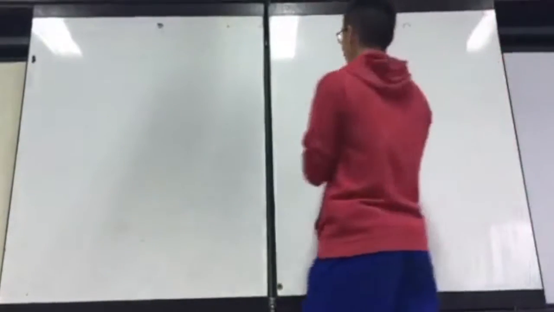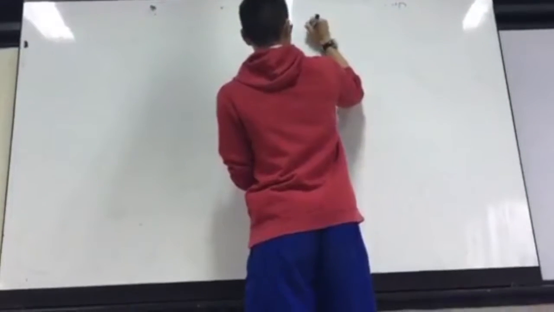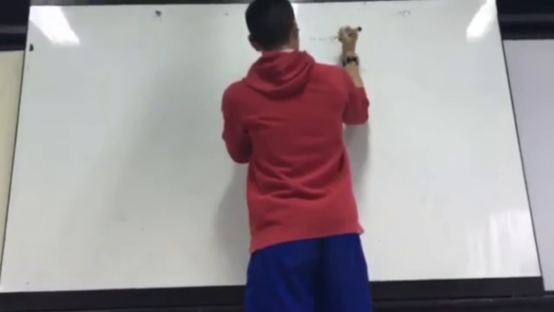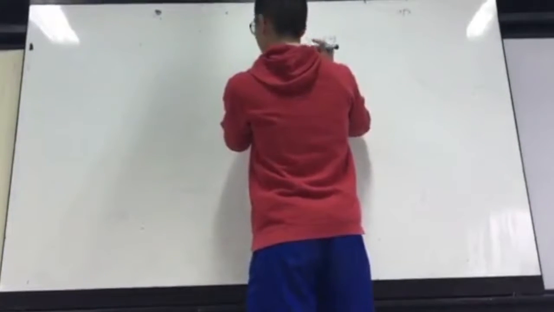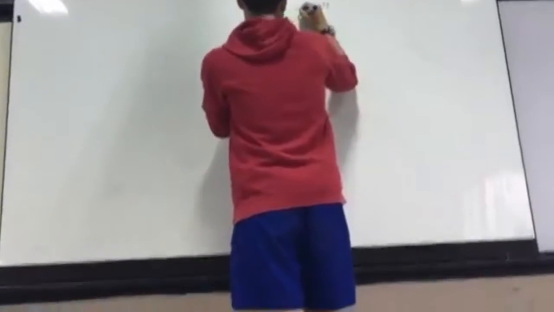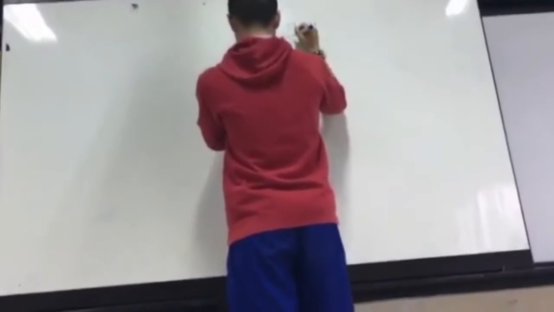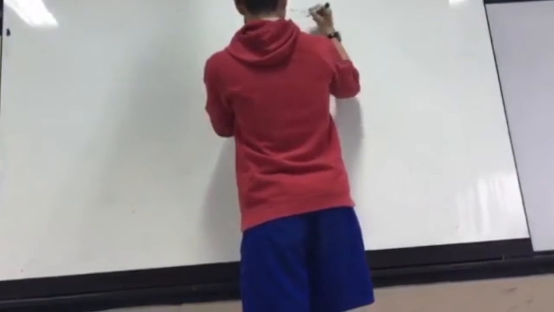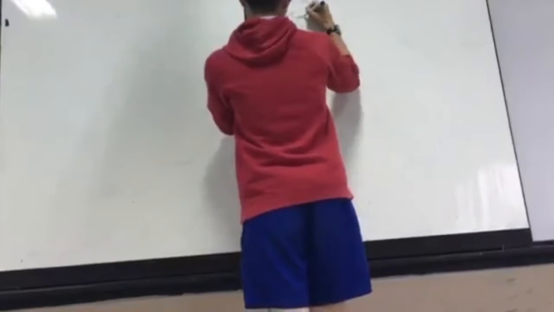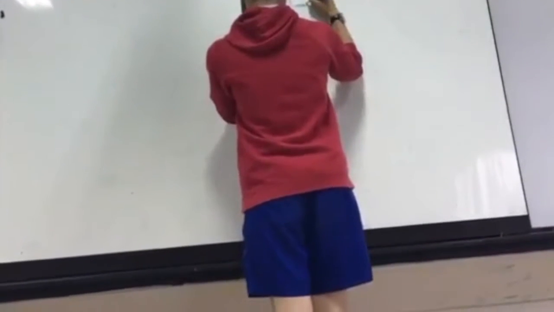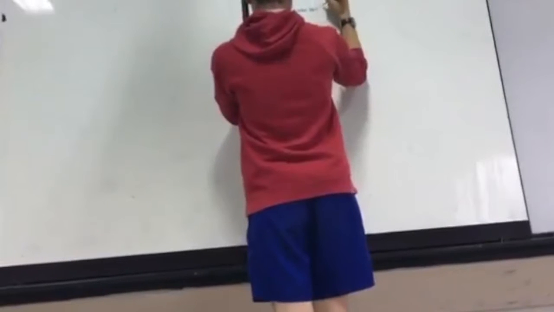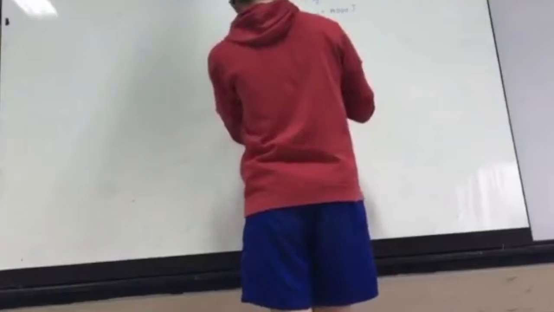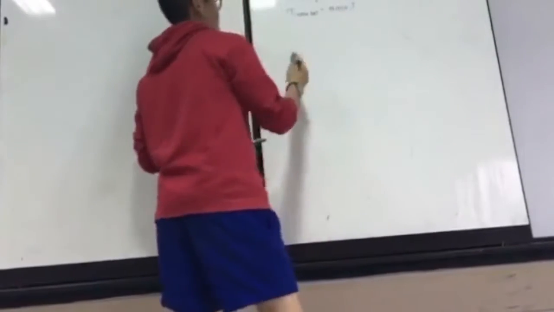So the mass is equal to 40 kilograms, and the potential energy of the cannonball is 14,000 joules. And it's asked how high it is.